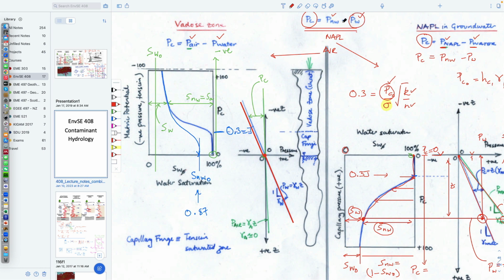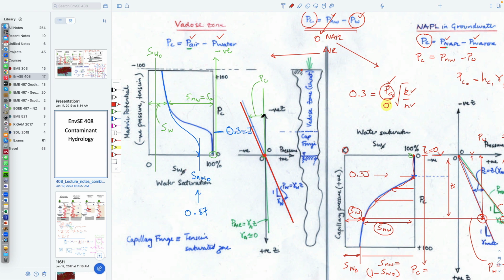A negative minus a negative is a positive. And the non-wetting fluid pressure is the pressure in the air. And the connected phase between the surface at atmospheric pressure and the groundwater table, also at atmospheric pressure, is atmospheric pressure, and that non-wetting fluid pressure is equal to zero, or essentially zero, because the unit weight is so small.